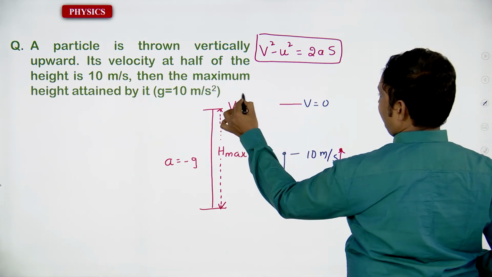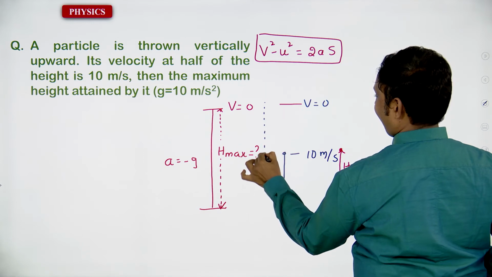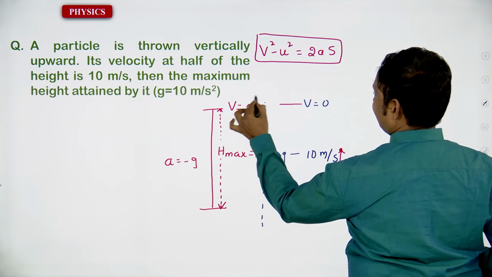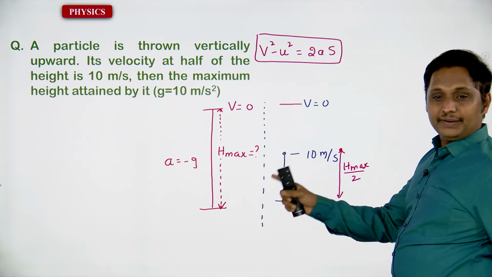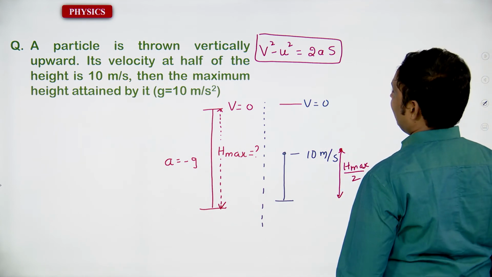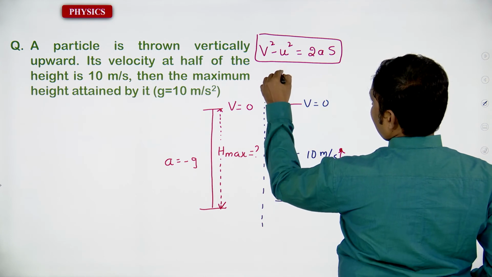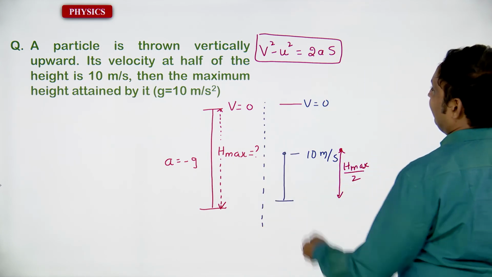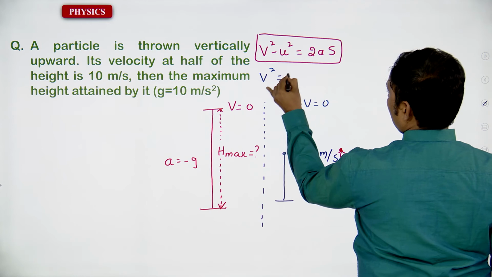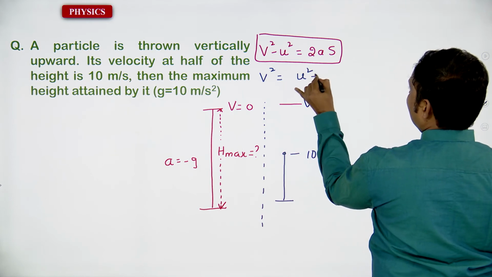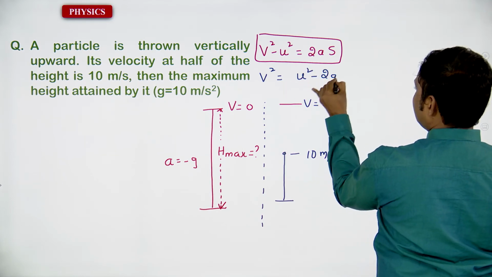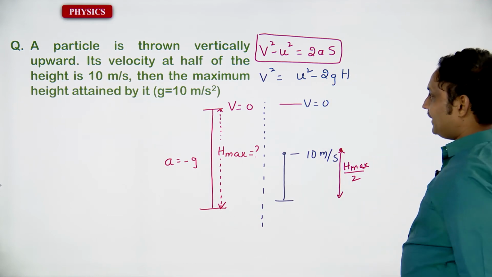So this you can divide. This is the one case. This is the second case. Yes, you will apply this one. V square is equal to u square minus 2gh. All right, it's very clear.